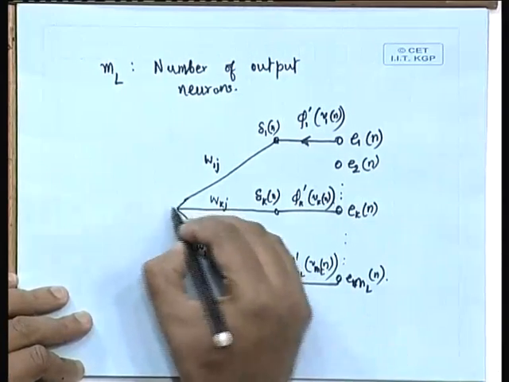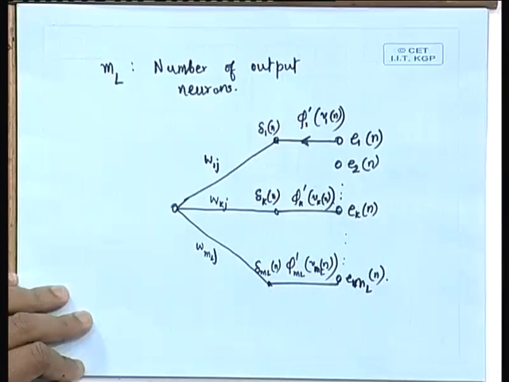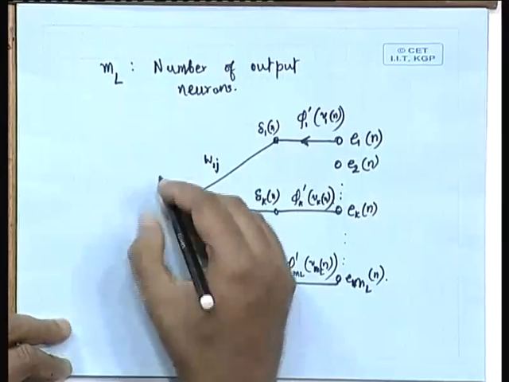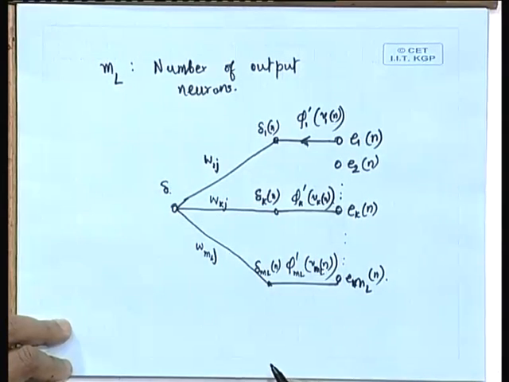Alright, and this together will give me what? This together will give me delta J of... no, they are not.